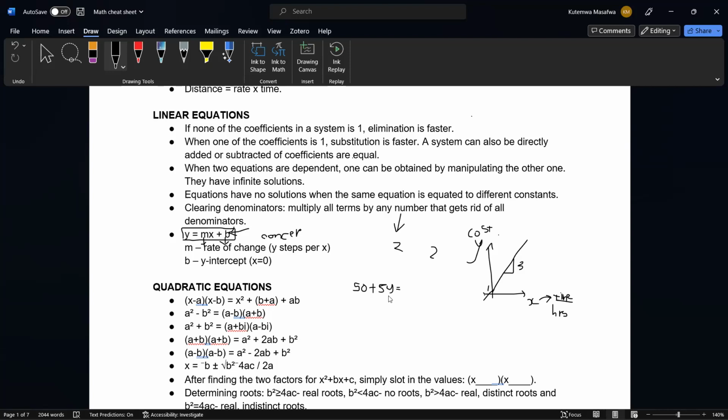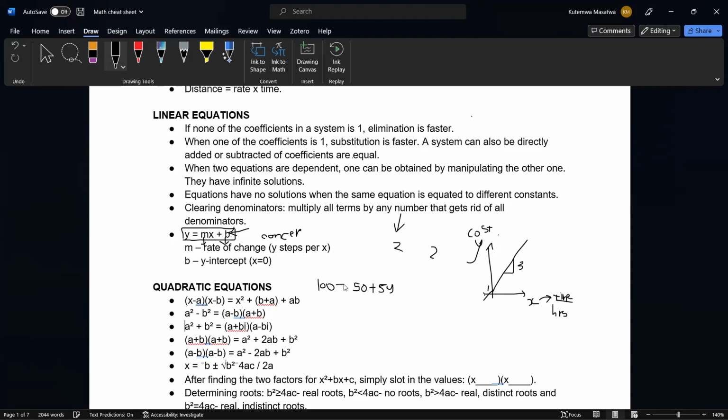I think I missed the equation. You said 100 equals 50 plus 5y? Oh, okay. I see what you mean.